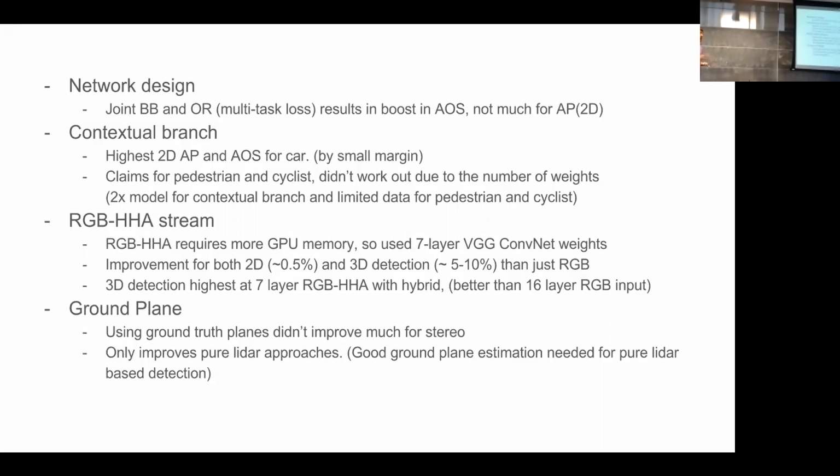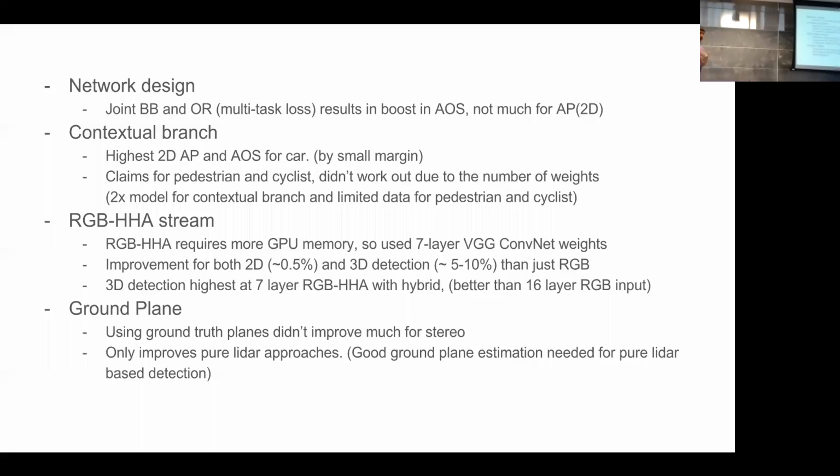They also claim in the paper that for pedestrians and cyclists it didn't work out very well, because the amount of data required to train the contextual branch is not there: pedestrians and cyclists are sparse in the driving dataset compared to cars. So maybe a future study would be a dataset larger by an order of magnitude, which would be much more helpful.